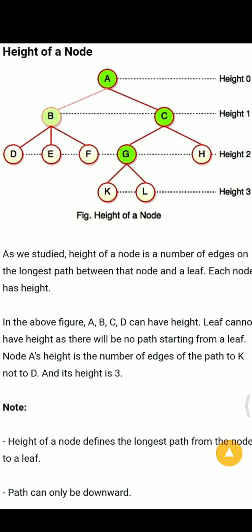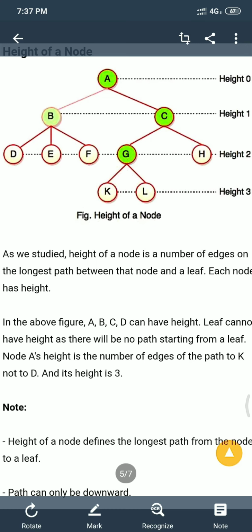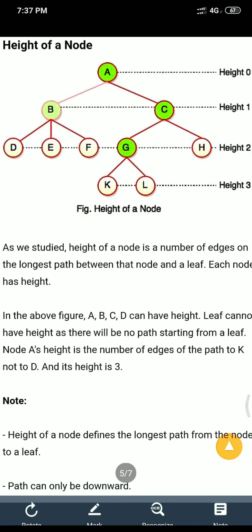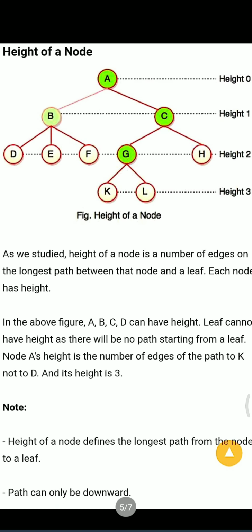A leaf cannot have one, as there will be no path starting from a leaf. Once you consider from a leaf, it doesn't have a path from D to C, B and A.